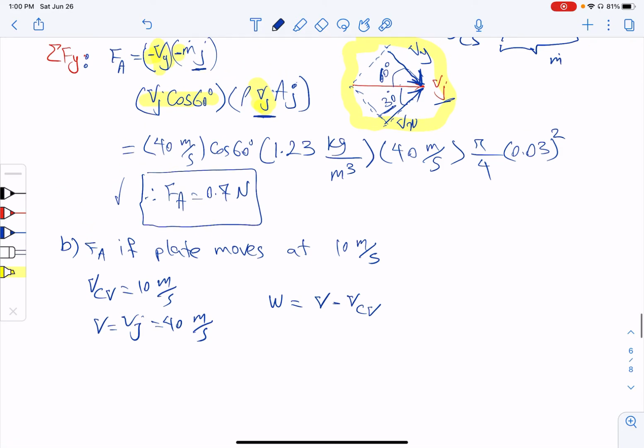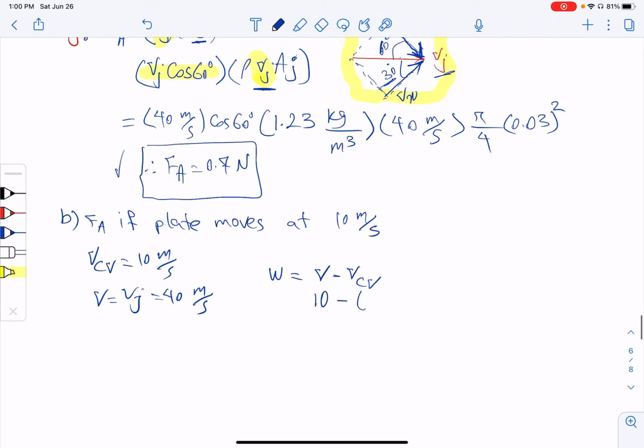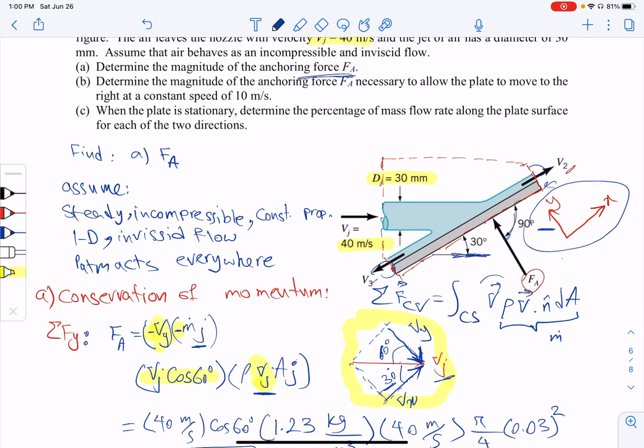This is what we have. And from here, we know that VCV is, let's say 10, right? It's 10. And then we have a minus sign, and then VCV, oh, sorry, this one was V. So V is Vj, right?